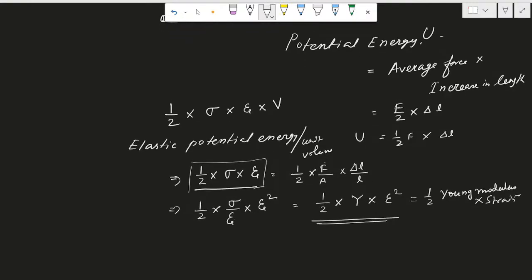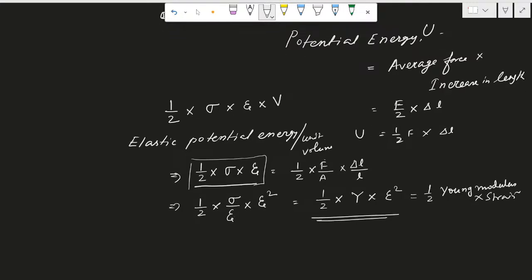That is quite similar to what we have seen for elastic potential energy of a stretched spring. For a stretched spring it was half into k into x square, isn't it? Whereas k was the force constant of the spring and x was the change in length. Yes or no? Tell me.